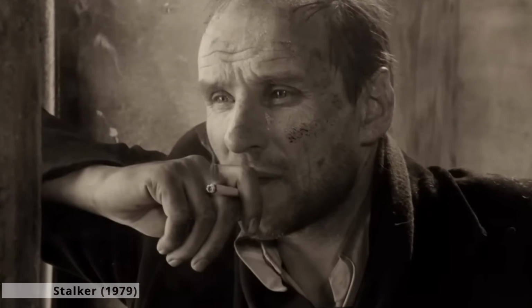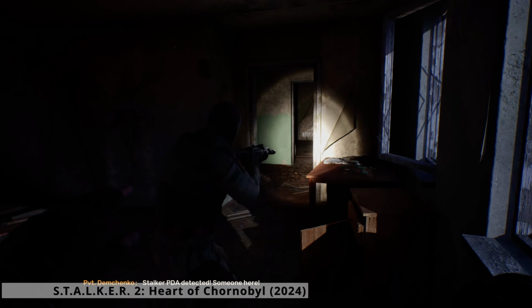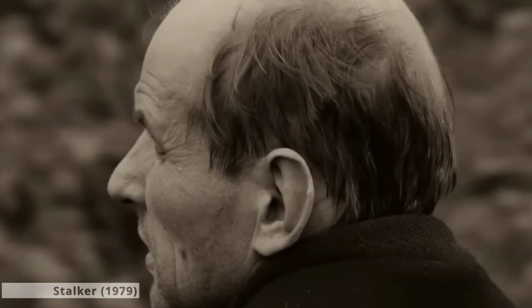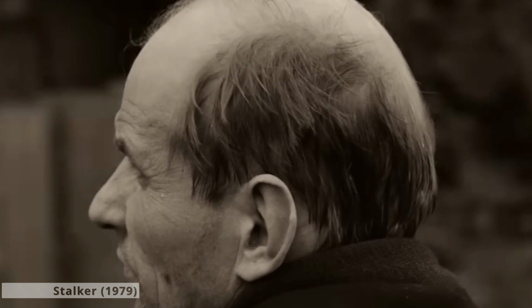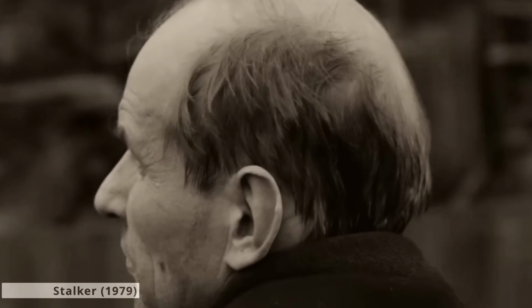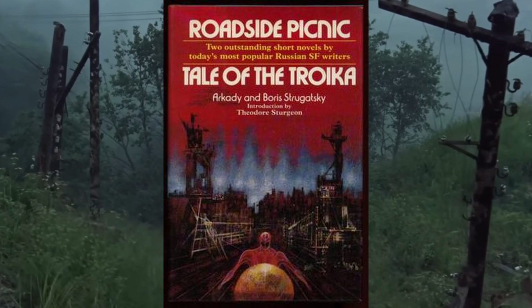Stalker is another example of this. Stalker is somewhat of a niche video game franchise, depending on the types of games you play. But it is based on the 1979 Soviet science fiction film, which is based loosely on the 1972 novel Roadside Picnic. Each of them all have a deeply atmospheric world.